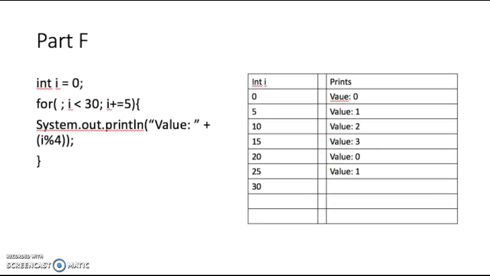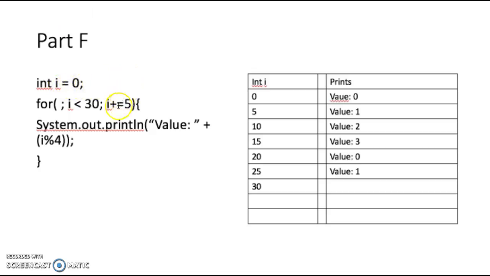Then for part F, we have integer I starts off at 0, and this is completely acceptable to have a semicolon there because we know that this value is established just up there.